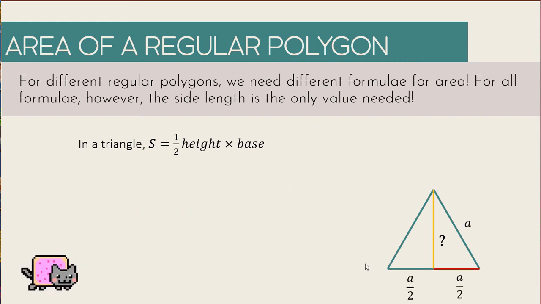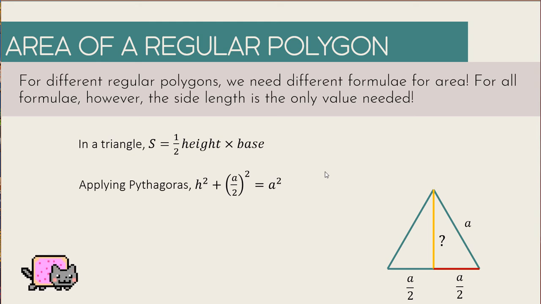We can see that an equilateral triangle can be divided into two equal right triangles like this, with a now the hypotenuse and a leg is a over 2. The height is the other leg of the right triangle.